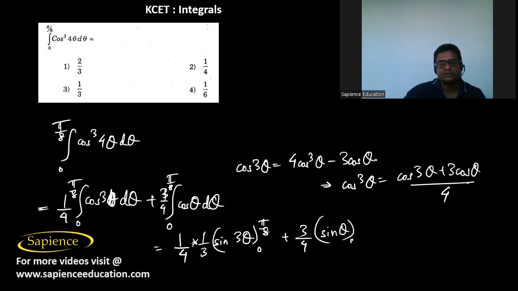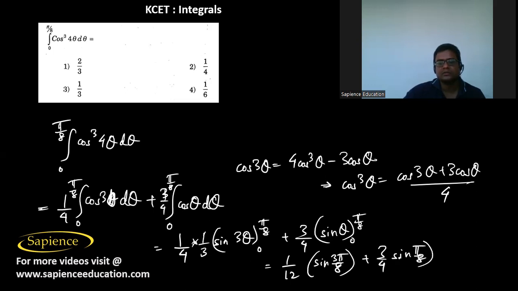Sin theta will go from 0 to pi by 8. So this will be 1 by 12 into sin 3 pi by 8 minus sin 0 is 0 only, plus 3 by 4 into sin pi by 8. Now 3 pi by 8 I can say this will be pi by 2, that is 4 pi by 8 minus pi by 8, means it is pi by 2 minus pi by 8.